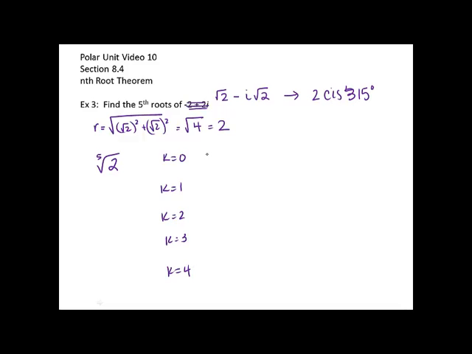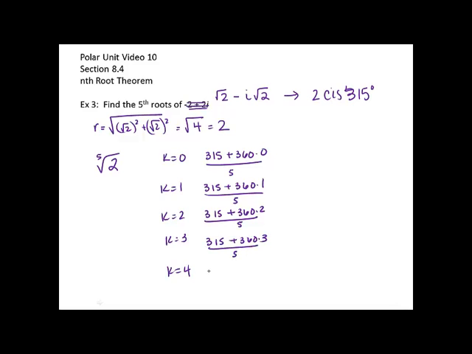So this is going to be 315 plus 360 times 0 divided by 5. 315 plus 360 times 1 divided by 5. 315 plus 360 times 2 divided by 5. 315 plus 360 times 3 divided by 5. And 315 plus 360 times 4 divided by 5.